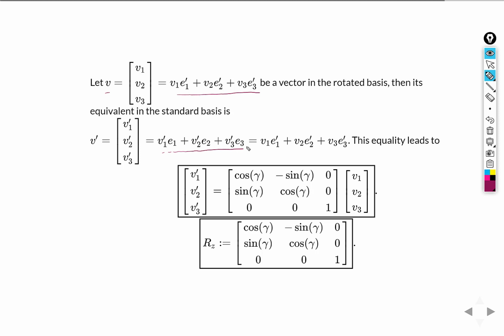This way we will find a relationship for each entry of v prime based on v and the rotation angle. If we do that and convert it to the matrix form, we learn that this rotation matrix is indeed what the question was asking.